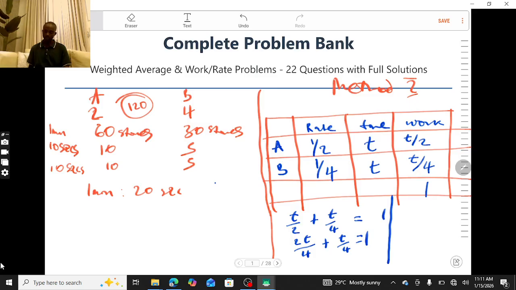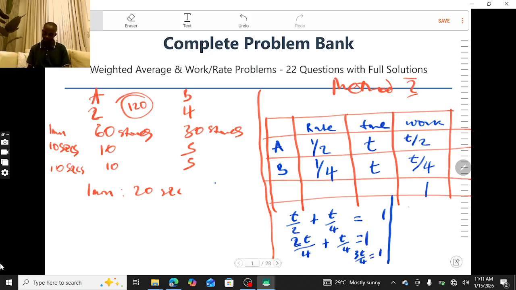So that means 2t plus t is 3t, right? So 3t over 4 equals 1.